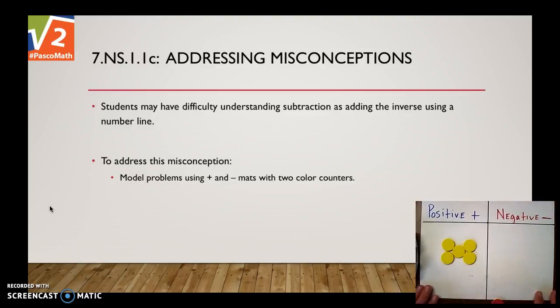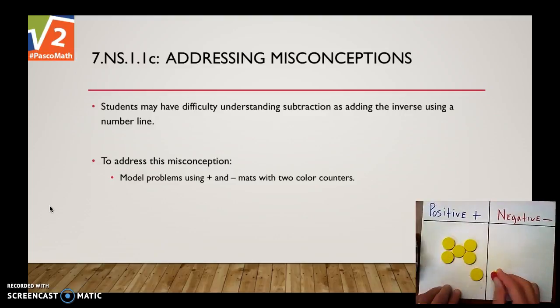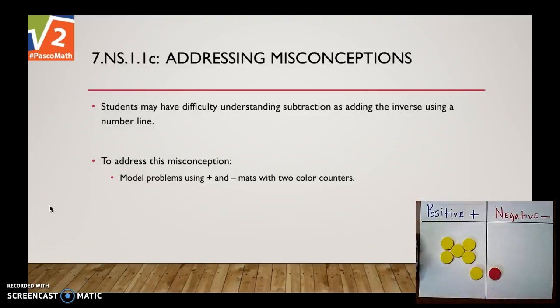If students are using two-color counters, they will see that if you have 5, I can't take away 6, and there's not 6 here. One thing that students need to realize, going back to part A of the standard, is the zero pair. What happens if I add a positive and a negative? Does that change the value? The answer is no, the value of this is still 5.